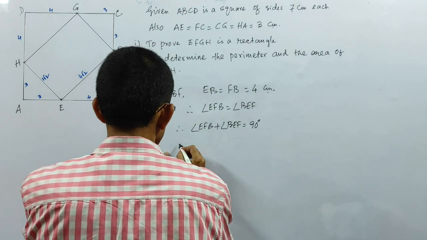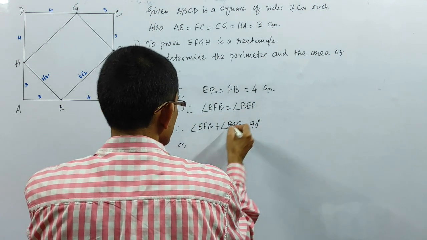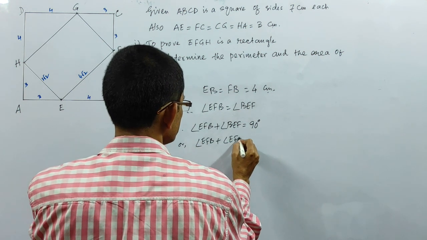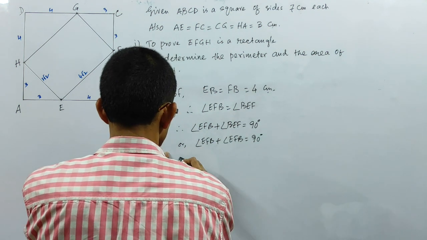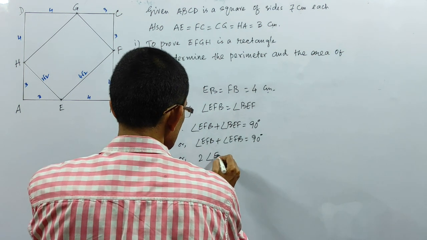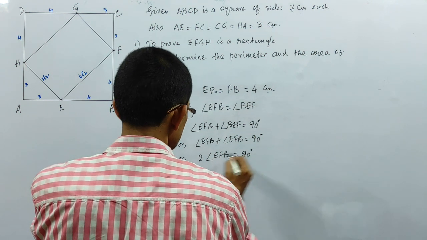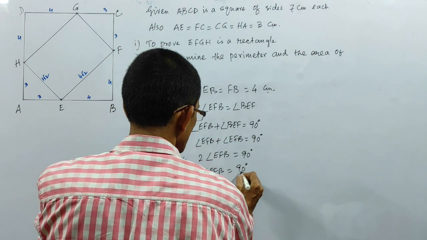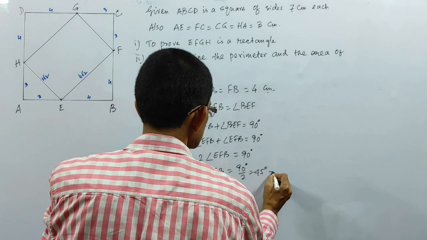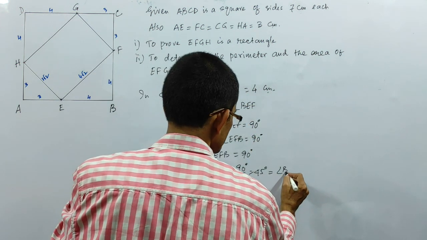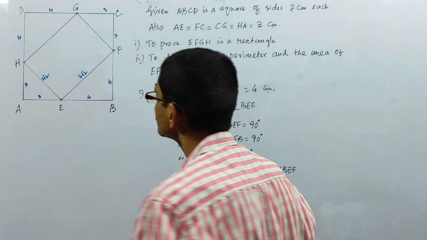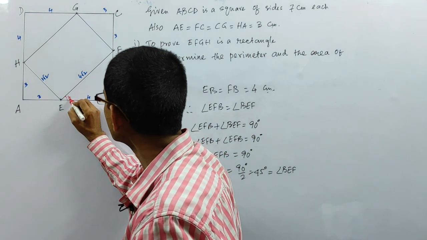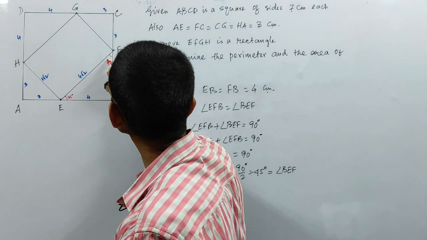And since these two are equal, in place of BEF we can write EFB again, so twice angle EFB is equal to 90 degrees, or angle EFB is equal to 90 degrees divided by 2, 45 degrees, which is equal to BEF. These two angles are 45 degree each. This is 45, that is also 45.